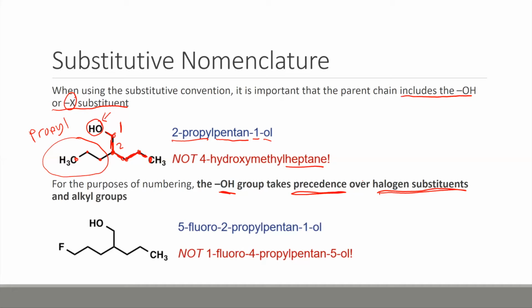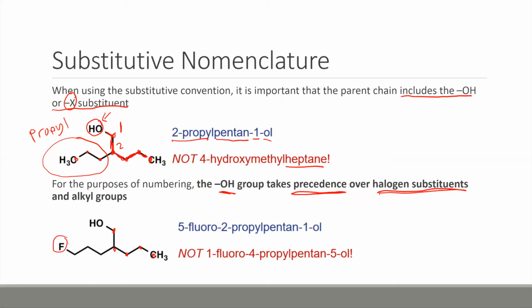So on this compound, this one is a little tricky again. Now, if you were to just count like normal, where you would think the longest chain would be, you might say 1, 2, 3, 4, 5, 6, 7. But again, we're missing our OH group, so it can't be that way. It's not directly connected in that way. So if we do this, 1, 2, 3, 4, 5, well, now our OH is directly connected, but our halide group is not directly connected.